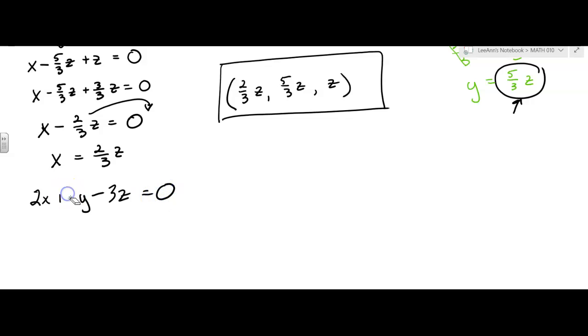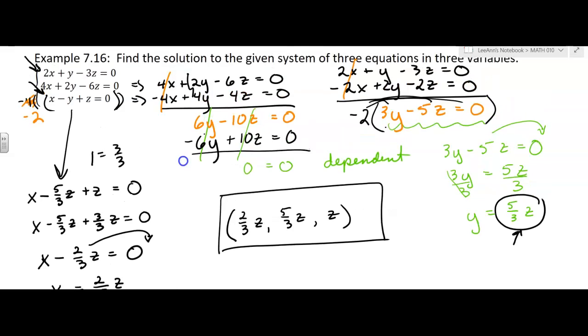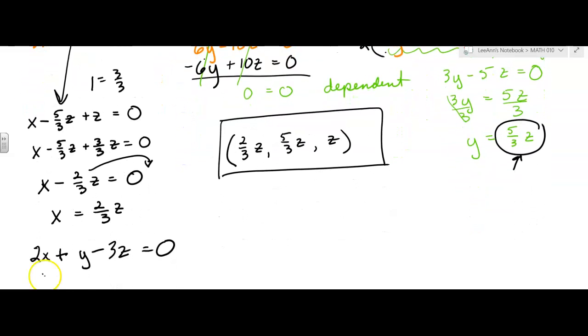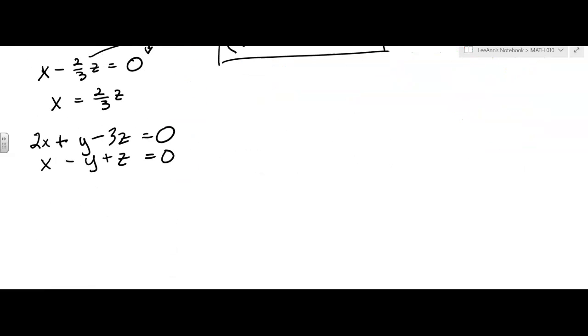And let me get that out of there. It was plus the y, right? Okay, and then the bottom equation was, x minus y plus z. Now this is a nice one to use because the y's are already going to cancel out. So we're just going to add them together, and we get 3x, the y's are canceling out, minus 2z equals 0.